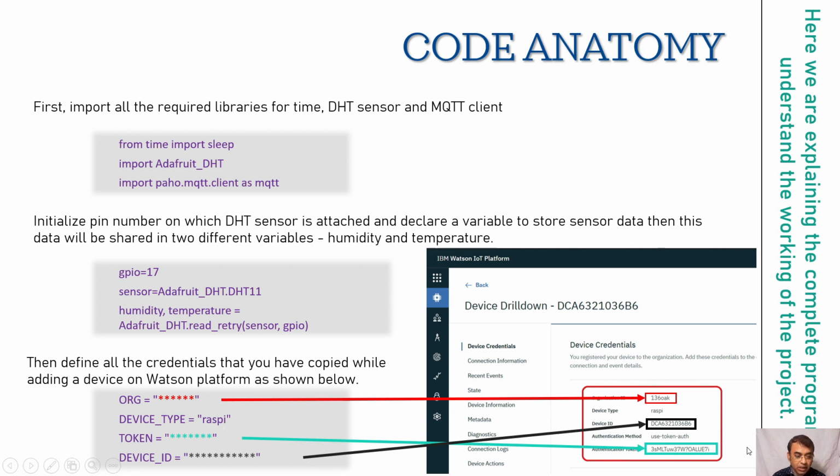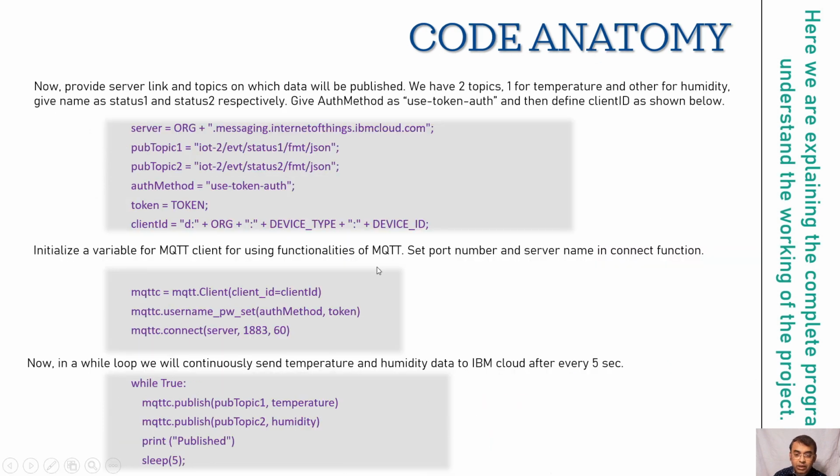The next most important thing is the server, as you can see, and this is the topic. Already I told you that in MQTT there must be a topic to subscribe or publish. This is the topic, which should be in JSON format, and this is the authentication method, that is use-token-auth, and the token equals token. That means this is a kind of password.